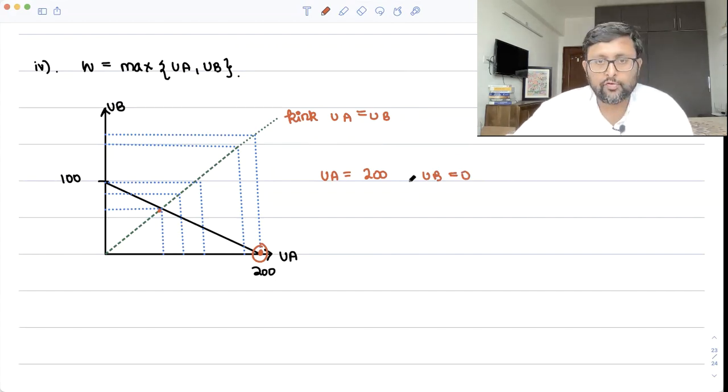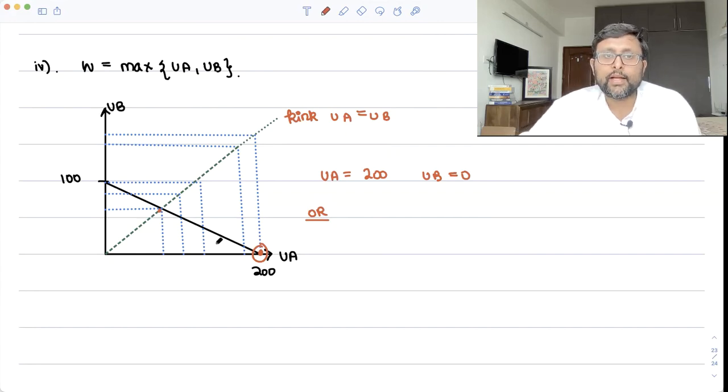You can also think of it like this. Because the moment I know that I have a max of UA, UB, it means that I'm giving everything to only one person. So it's not that both persons get something. It is a corner solution case.